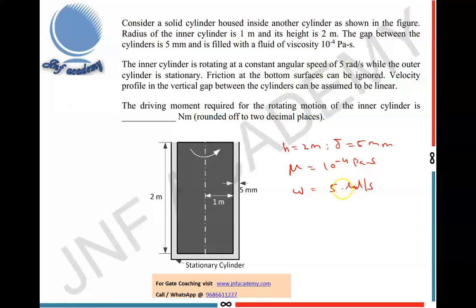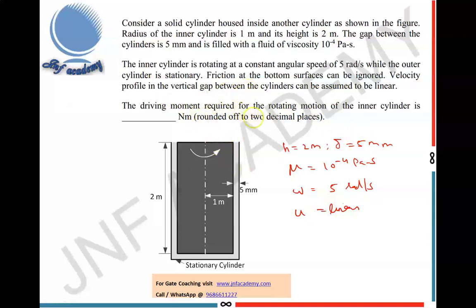So now, friction at the bottom of the surface can be ignored. Velocity profile in the vertical can be assumed to be linear. That is very much important. So they have given that the velocity profile inside is linear. You can assume it to be linear. Velocity profile in the vertical gap between the cylinders can be assumed to be linear.